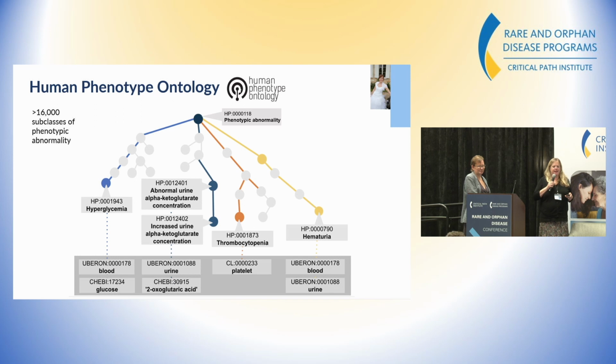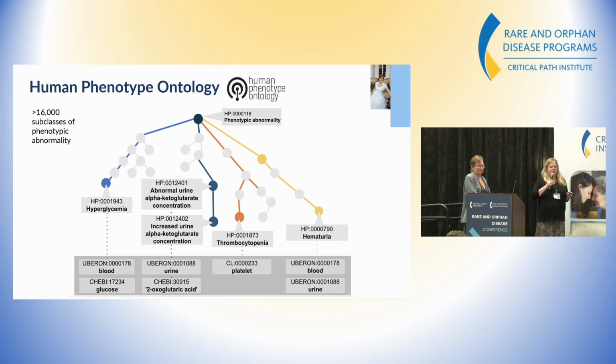For example, we may have a class like increased urine alpha-ketoglutarate concentration, which is a child of the abnormal class. So all the characteristics of the parent class are inherited by the child class. This allows for this kind of subsumption reasoning across the data.